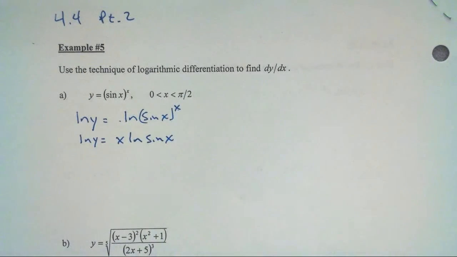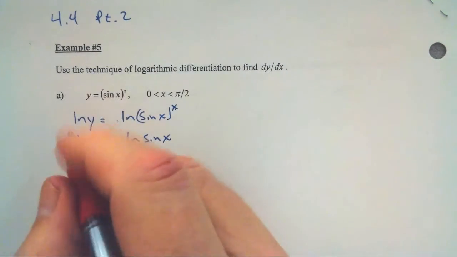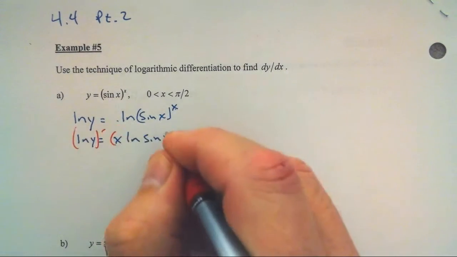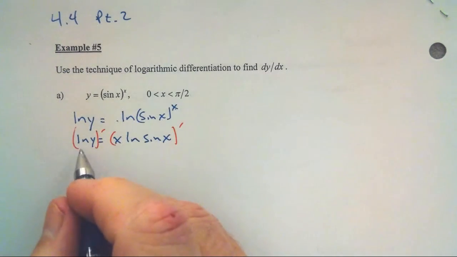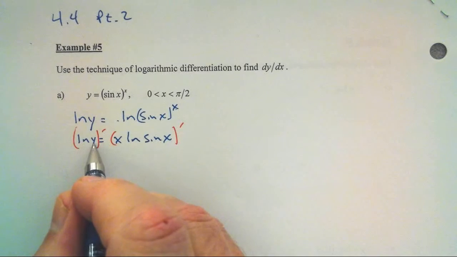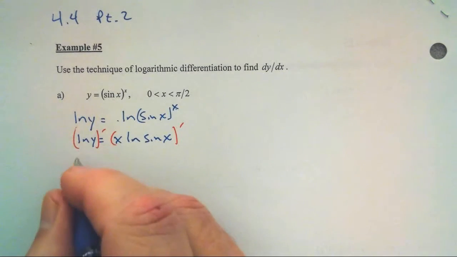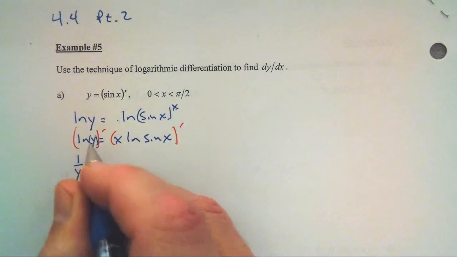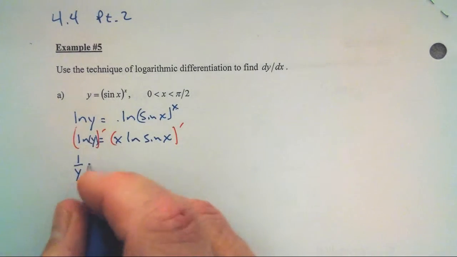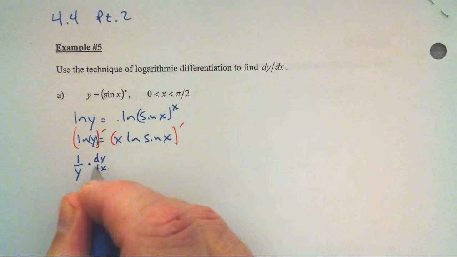And now let's take the derivative of both sides. So I'm just going to emphasize that. Now we're taking the derivative, and now we're using implicit differentiation. The derivative of ln of y with respect to x wants to be 1 on y, but there's an inside function of x here. We need dy dx.